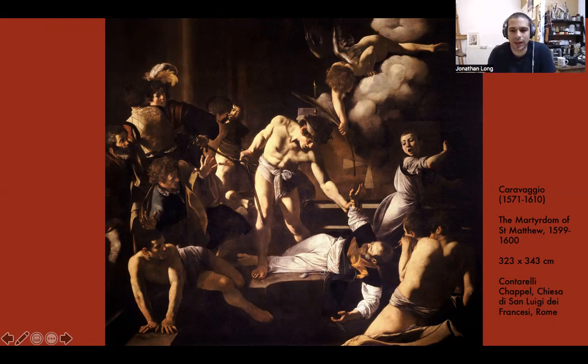He would have also been able to go to the Contarelli Chapel in the Chiesa di San Luigi dei Francesi in Rome and seen the paintings relating to St. Matthew. This is the Martyrdom of St. Matthew, which Caravaggio painted just a couple of years before Rubens arrived in Rome.